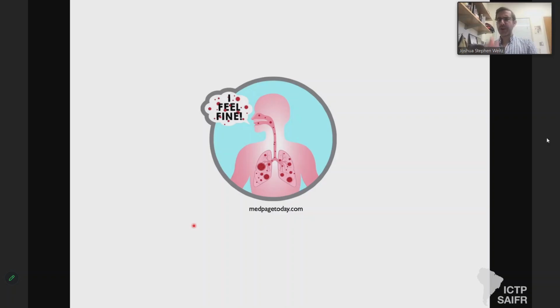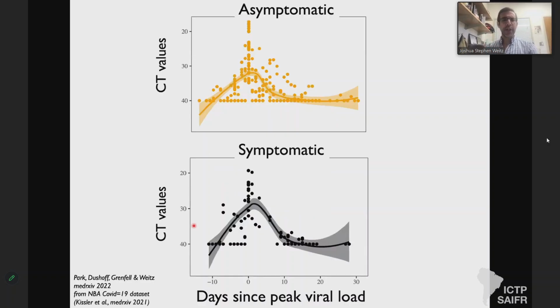So you may raise the question, well, how important or relevant is any of this? It turns out that when looking at asymptomatic and symptomatic CT values, and I'm not going to go through all the details, this has to do with how many cycles on a PCR-based test you need before you detect a signal. And lower CT values mean more infectious, or more viral RNA and therefore DNA that comes out of the machine.